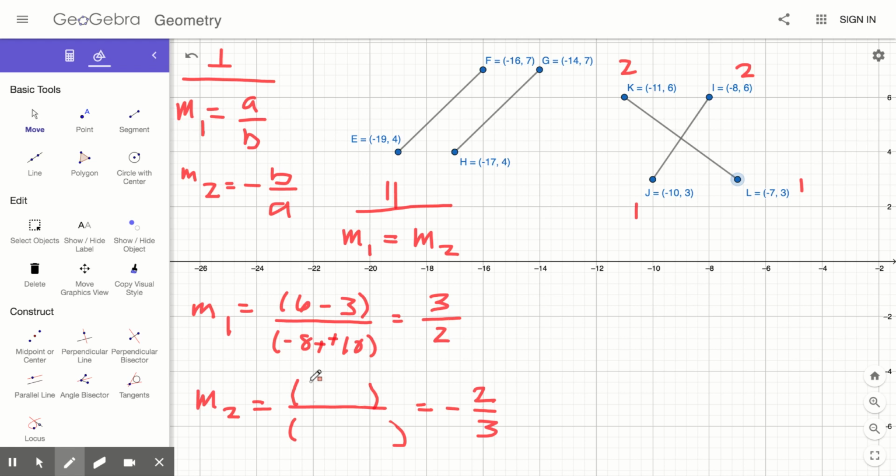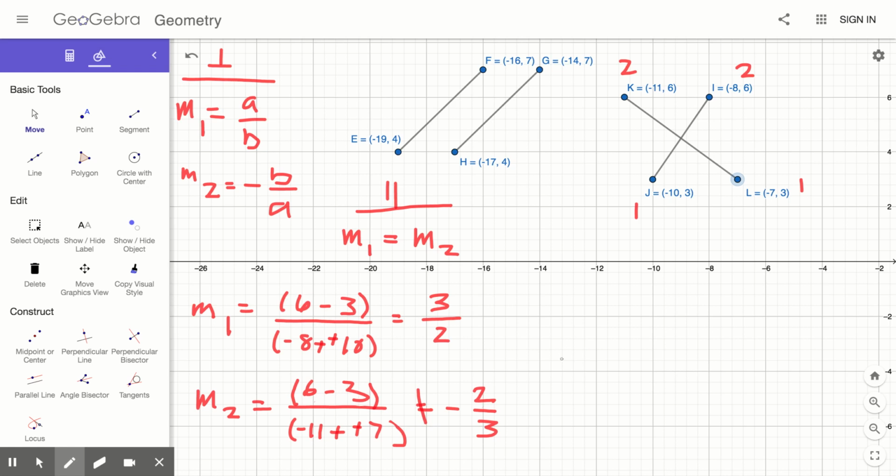So then we would do 6 minus 3 and negative 11 minus negative 7. We see that this 7 becomes positive. Negative 11 plus 7 would give us a negative 4. So in this instance, we're off by a point. They are not perpendicular. All right.